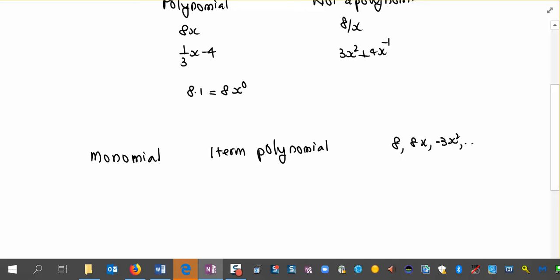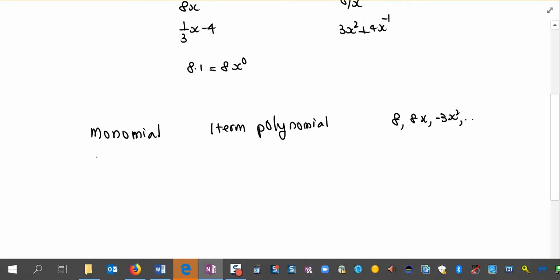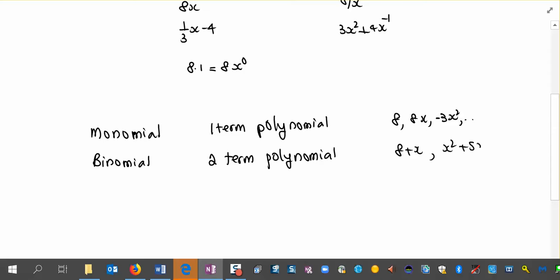One term, one thing. And then there are binomials. That's a two-term polynomial. That's 8 plus x, x squared plus 5x, and so on.